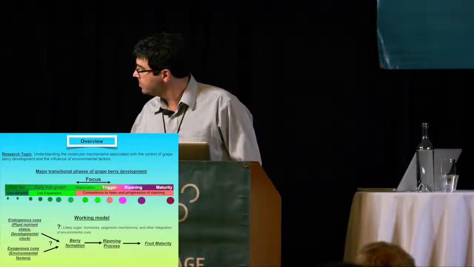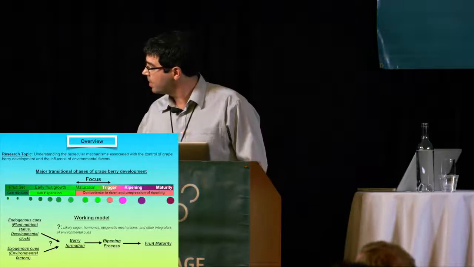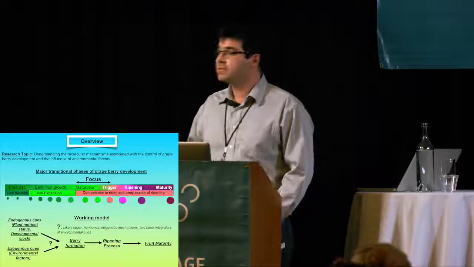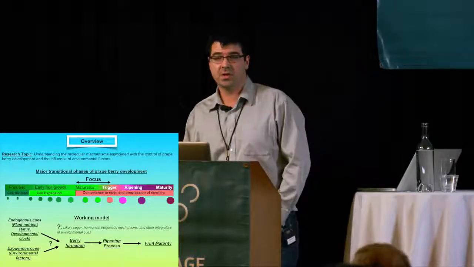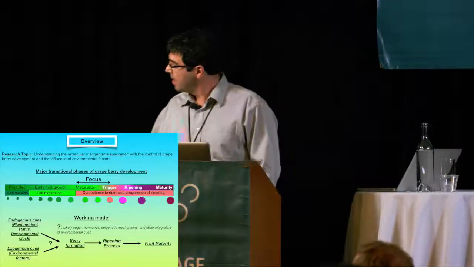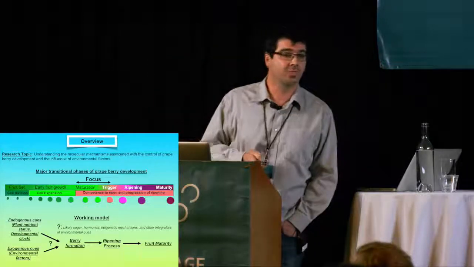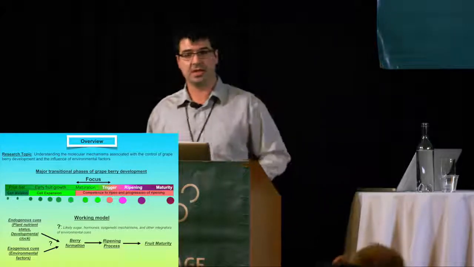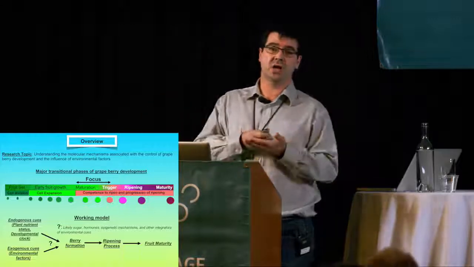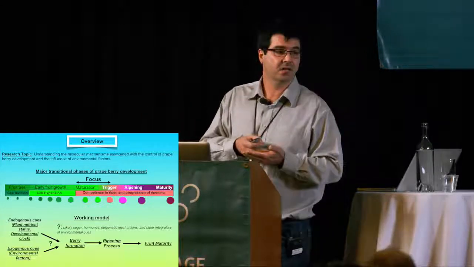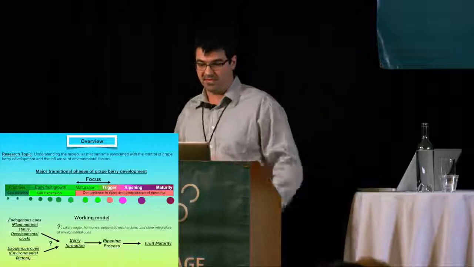So I want you to see that we are going to talk about something that is so far very poorly understood, which is what is happening during what we call fruit maturation. I'm not talking about fruit maturity, but fruit maturation, something that facilitates the fruit's entry into the ripening phase.